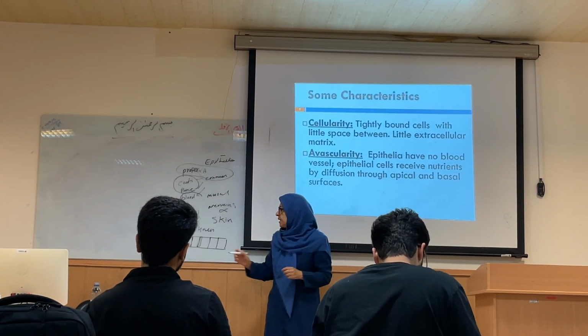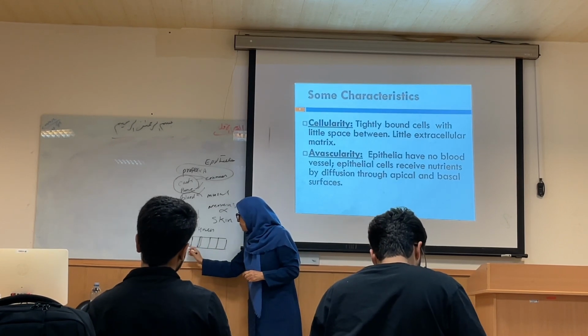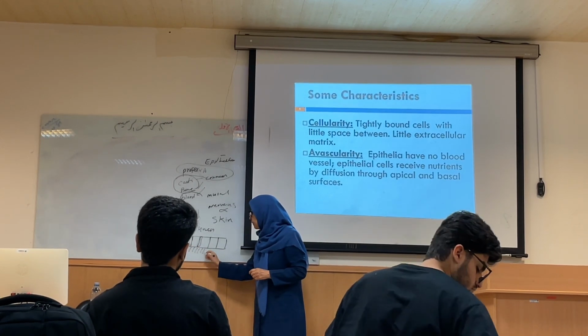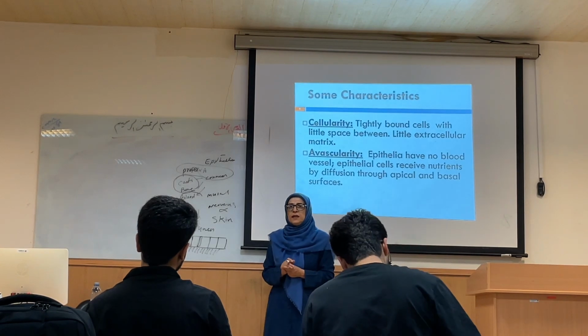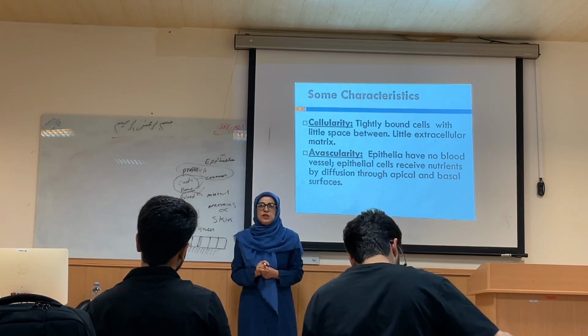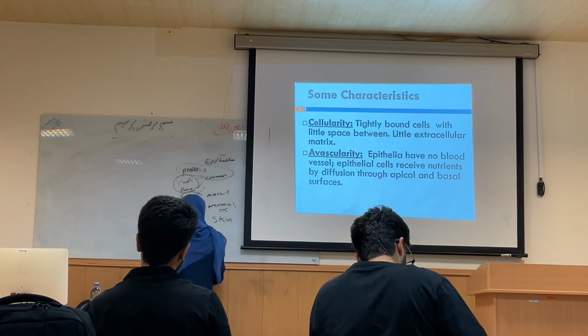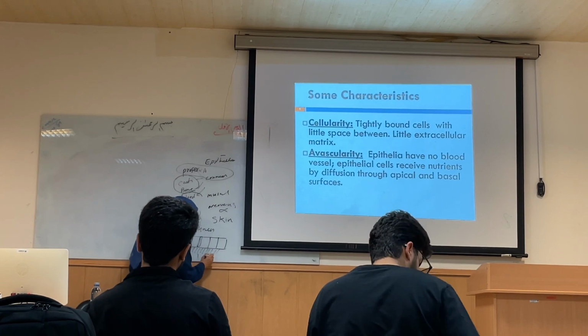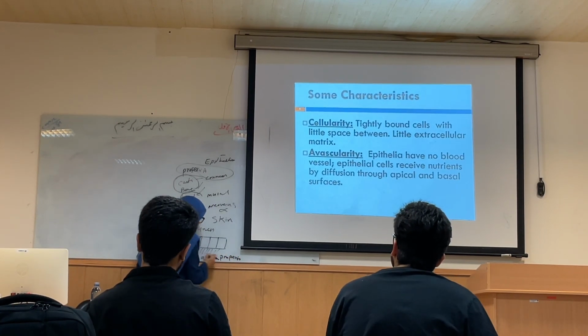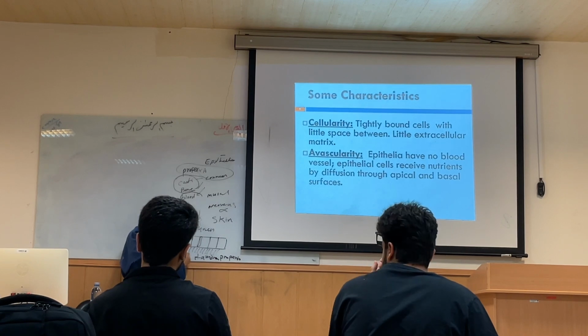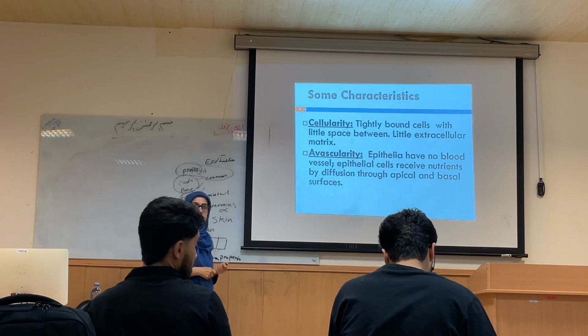And the second one, this is a rule, this is a fact: under the epithelial tissue, in all parts of our body, there is a type of connective tissue named lamina propria. It's a type of proper connective tissue.